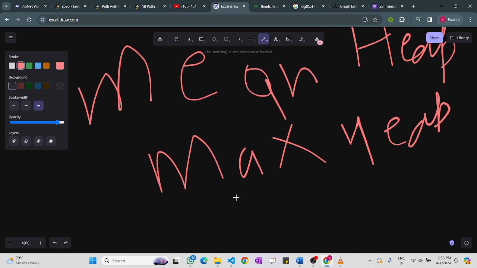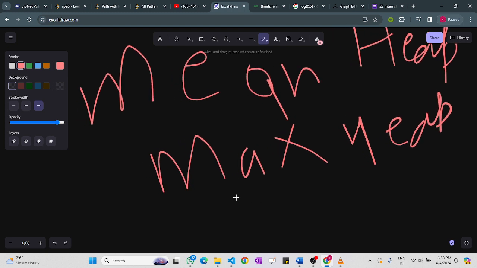Up to here, we have understood that instead of using min, we have to find the maximum. When we have to find the minimum cost or minimum time to reach from source to destination, we use Dijkstra as it is.